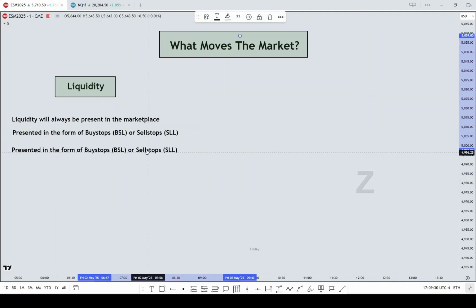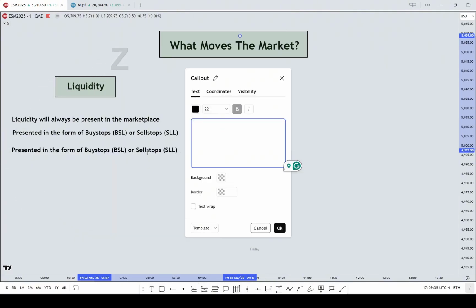Where can you find buy side liquidity or sell side liquidity? It will be resting above swing highs. This is your buy side liquidity, or below swing lows.